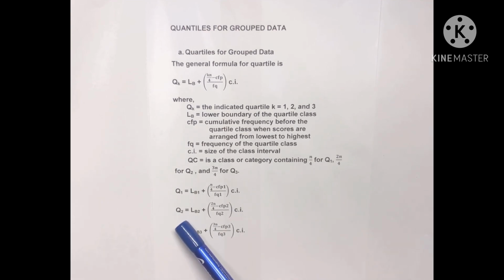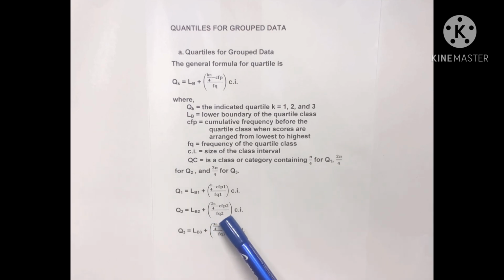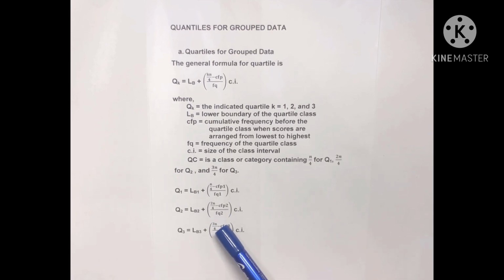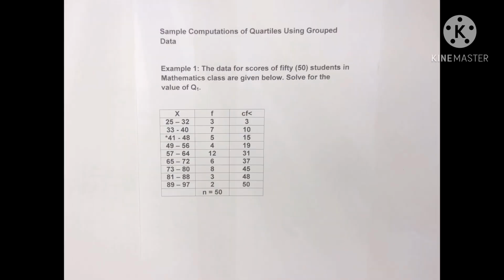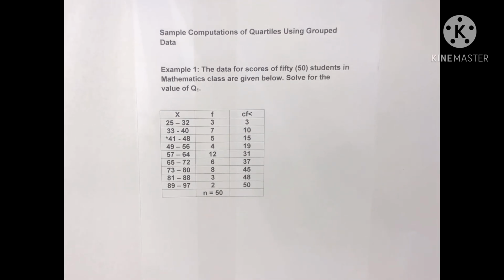For Q sub 2, it is equal to LB2 plus 2n over 4 minus CFP2 over FQ2 times CI. For Q sub 3, it is equal to LB3 plus 3n over 4 minus CFP3 over FQ3 times CI.